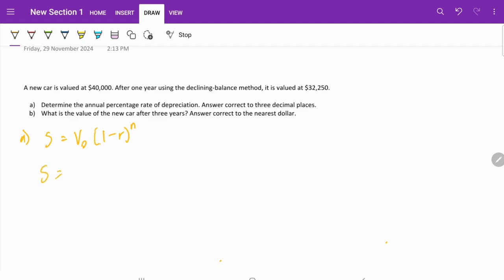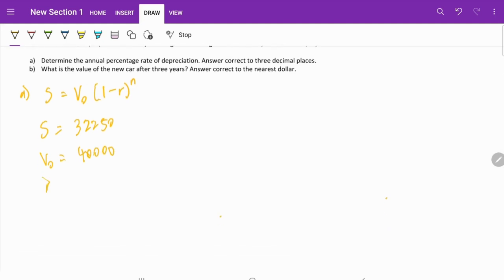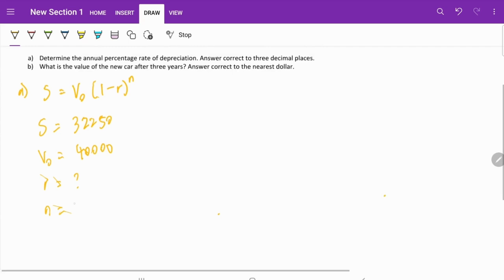S is our current value of the item, which is 32,250. We've got our V0, which is 40,000, which is essentially how much it was bought for. And then R is what we're trying to find, and our N is given as 1.